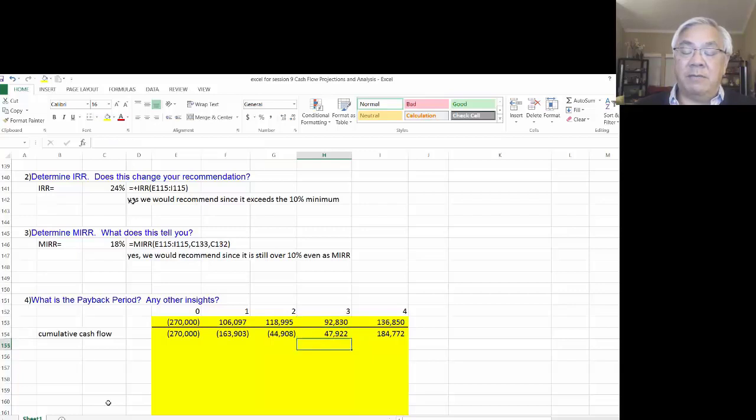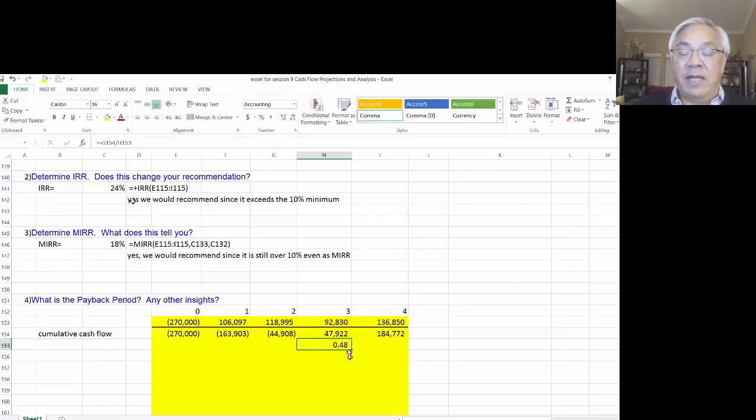So we need the proportion of year 3 that we need to accomplish getting to payback. So the answer is you take the 44, I just did a negative just to make it a positive result, divided by the 92. So it means how much of the year do we need to get 44,000?